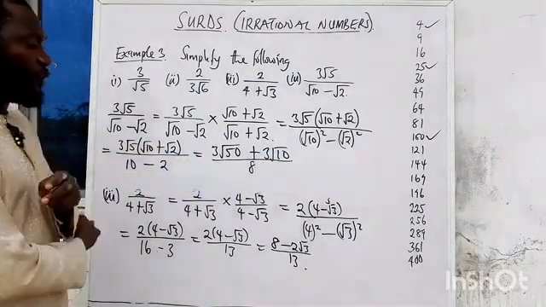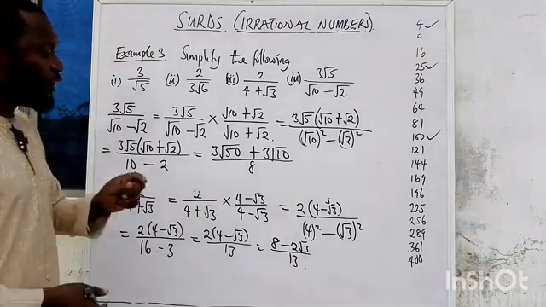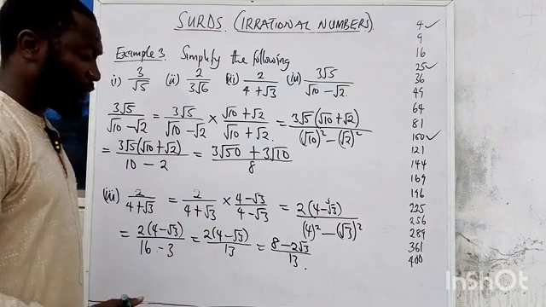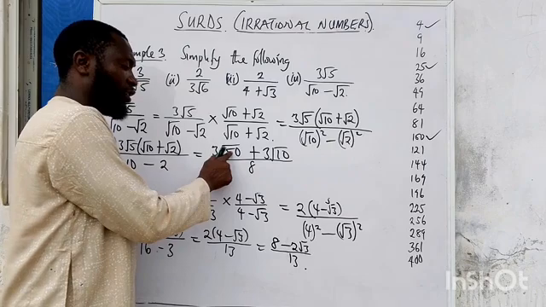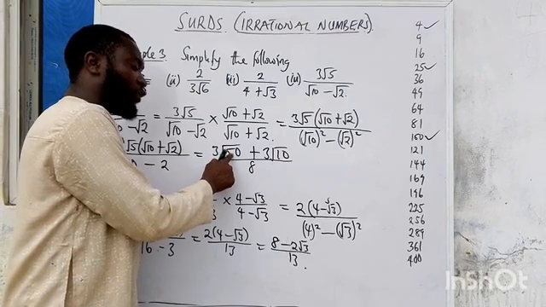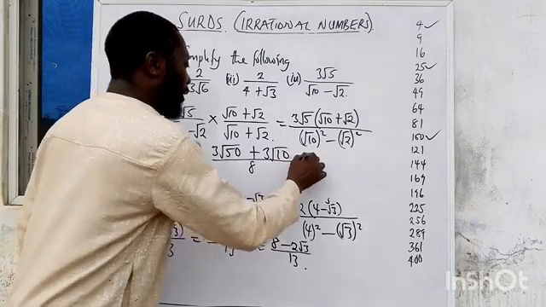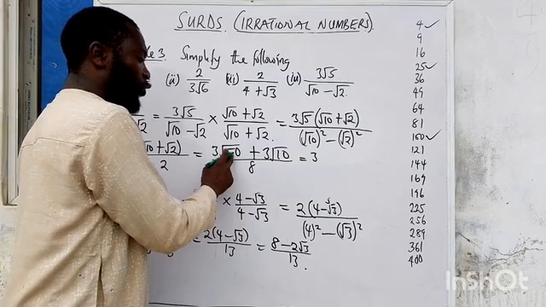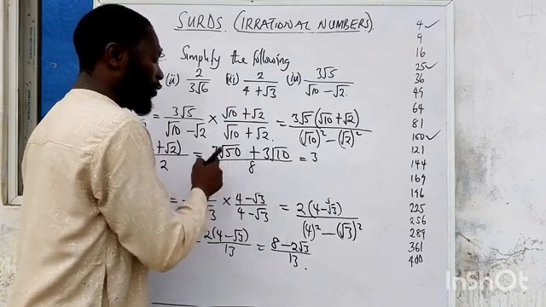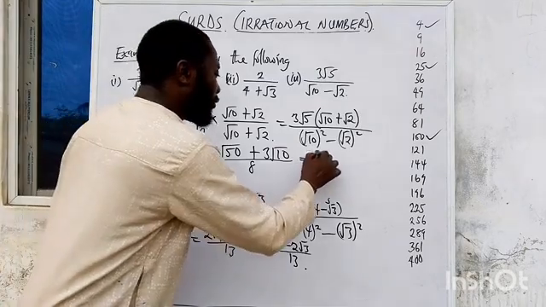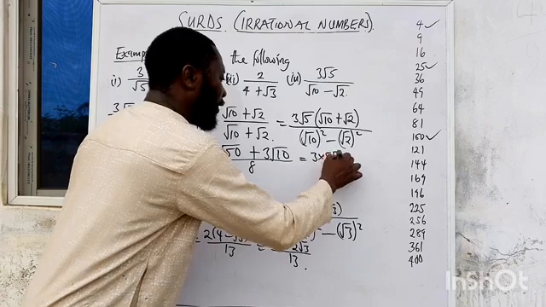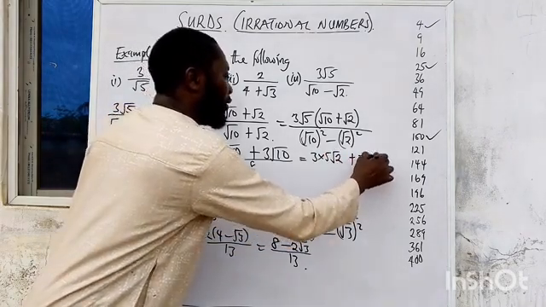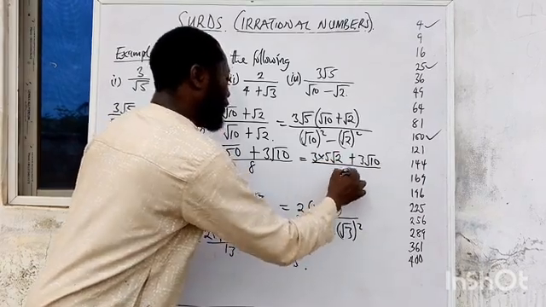Look at this 10. We cannot reduce this 10 because there is no perfect square different from 1 that can divide 10. But here, 25 can divide it, so we can further reduce this one. 25 times 2 is 50, and the square root of 25 is 5. So that 5 will come out. We have square root of 2 outside. Then plus 3 square root of 10. Everything over 8.